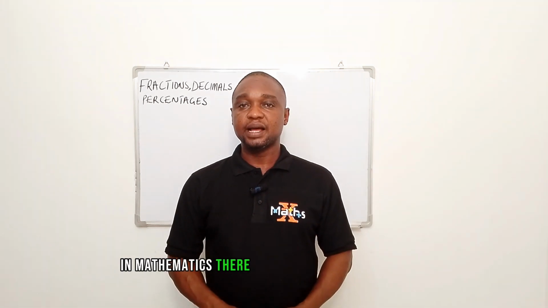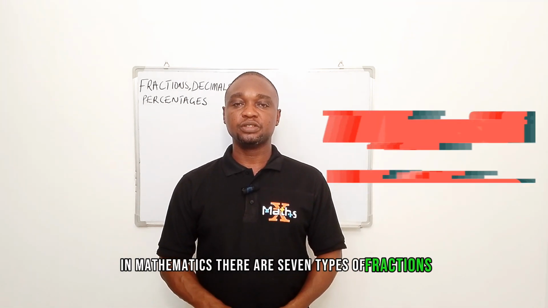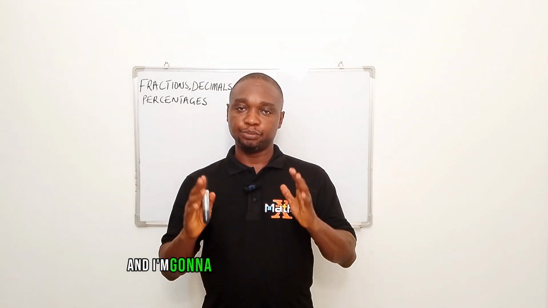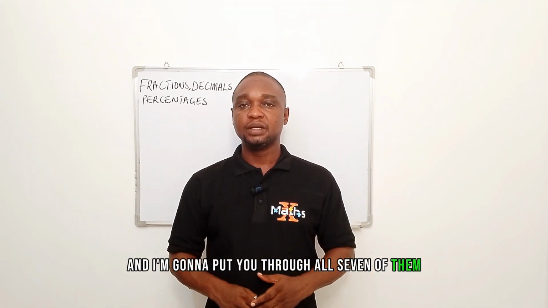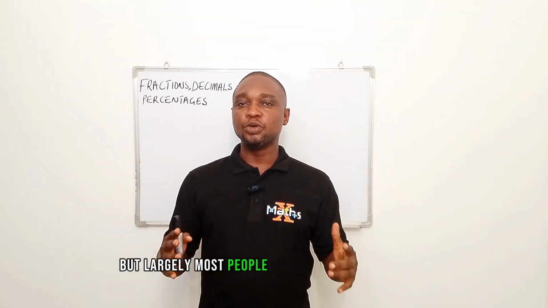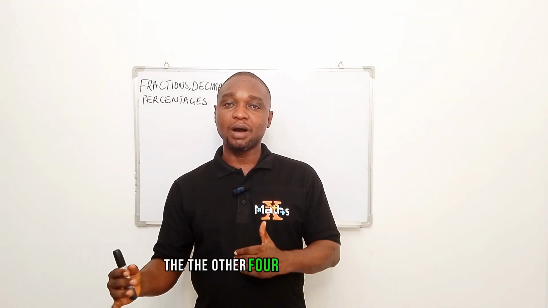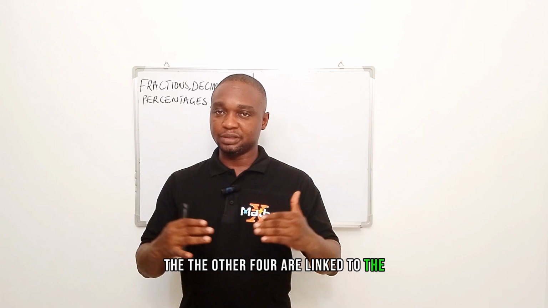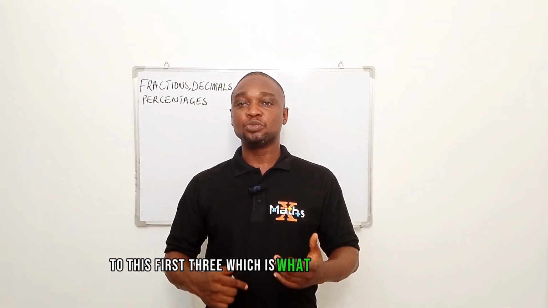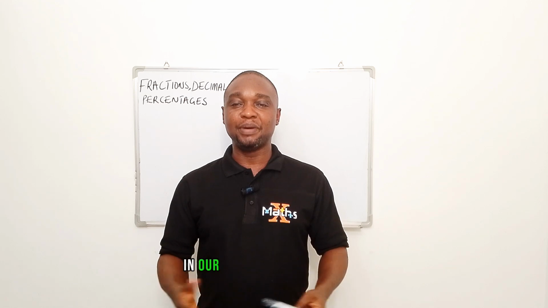In mathematics, there are 7 types of fractions, and I'm going to put you through all 7 of them. But largely, most people know about 3 of them. I must confess, the other 4 are linked to this first 3, which is what we learned largely in our primary school.